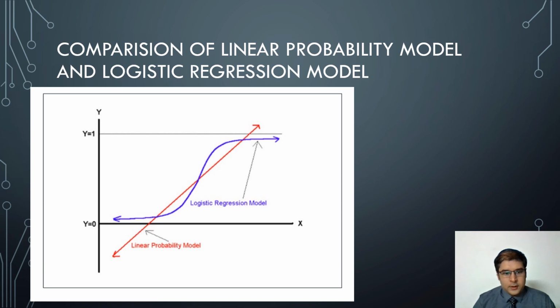As you can see, there is a sharpness from here to here, contrary to the red line. Thus the logistic regression model handles the classification problem better because it gives the probability from 0 to 1 inclusive. That will be the nature of the model.